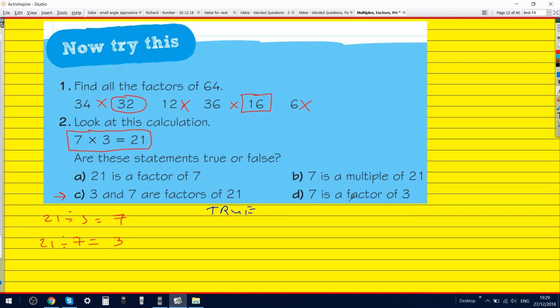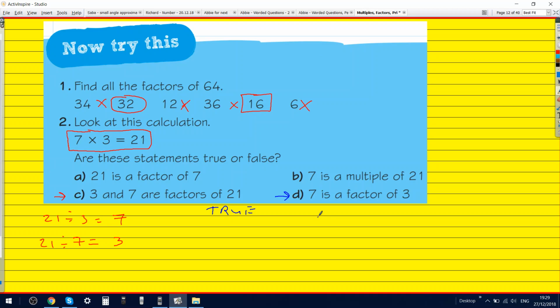And how about D? 7 is a factor of 3. Well, 7 times... that's 21. Part D, wait.